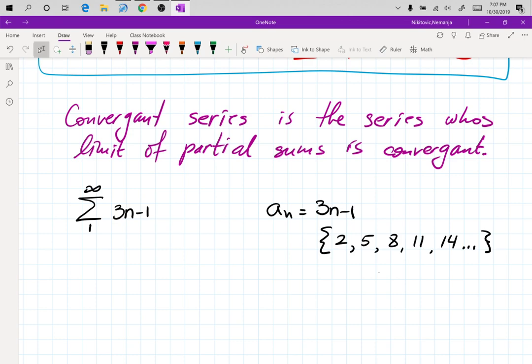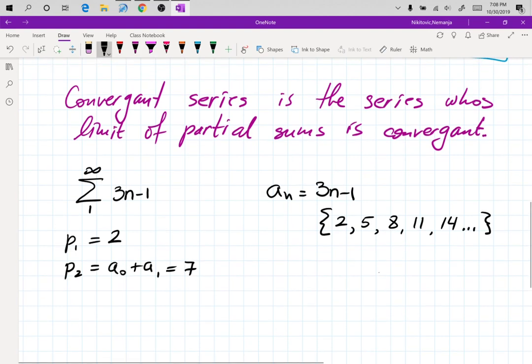Because I am working on the sequence of partial sums. Partial sum 1 is just the first term, 2. Partial sum 2 is the sum of the first 2 terms, and in this case it's 7.